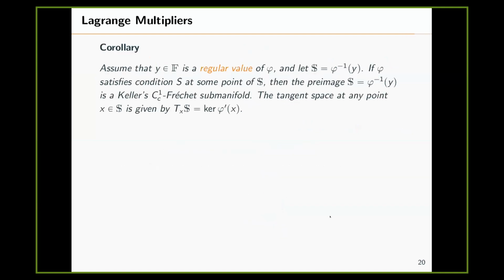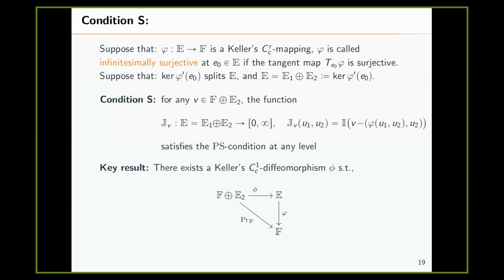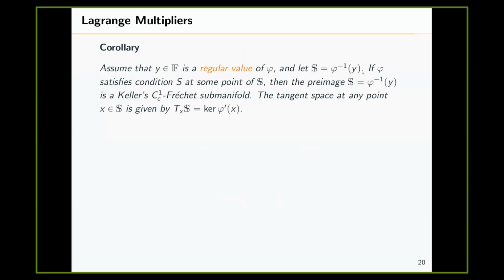And it turns out it has very interesting consequences. The first one is that if we have a regular value and the pre-image of the function, we know that the pre-image is not always, in the Fréchet case, a submanifold. But if this condition is satisfied at some point of the pre-image, then the pre-image will be a well-behaved submanifold.